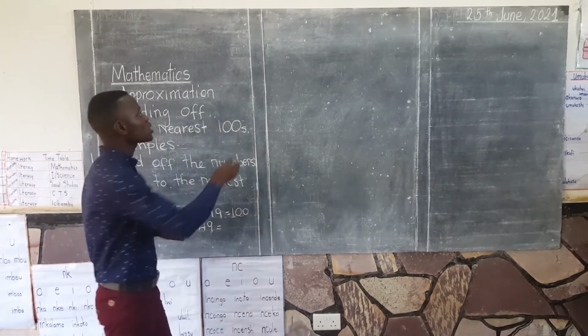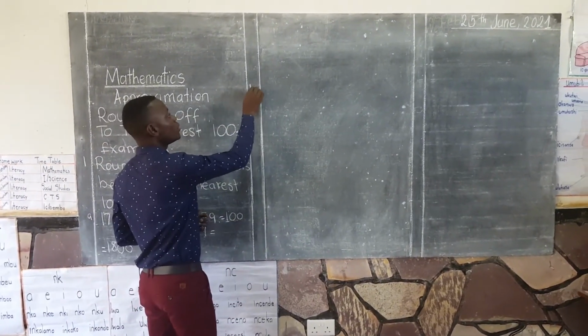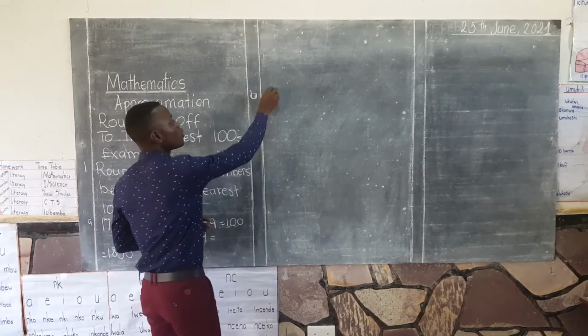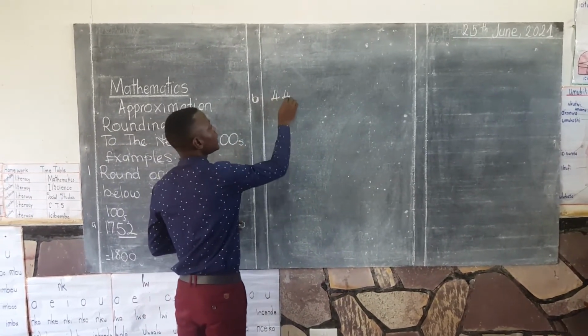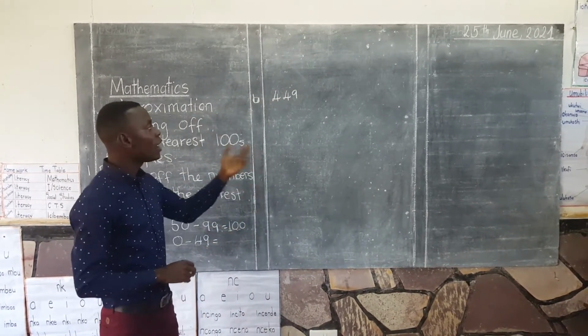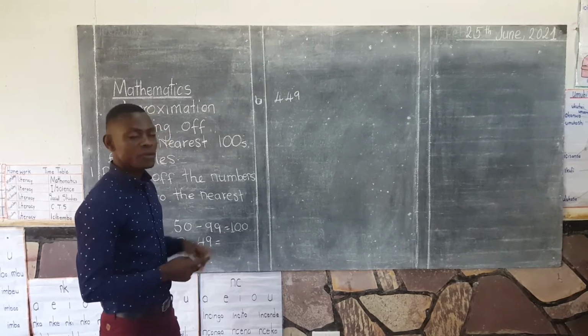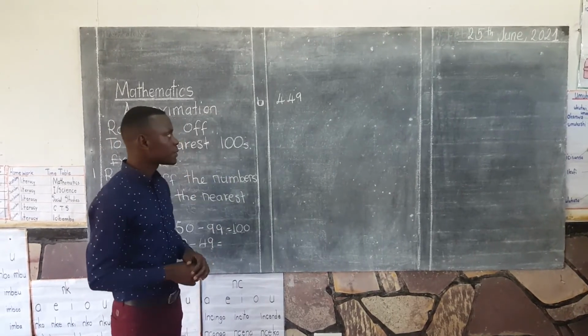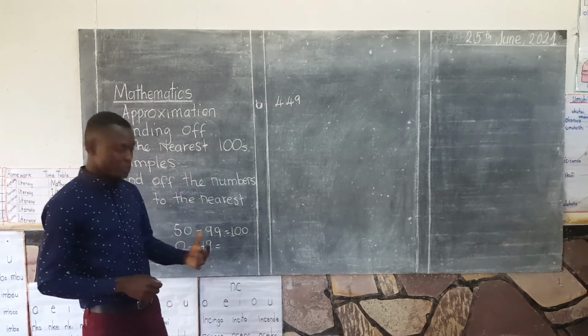So we can also look at another example, and we have 449. How are we going to round off that number 449 to the nearest hundreds? We will still come back to the principles.